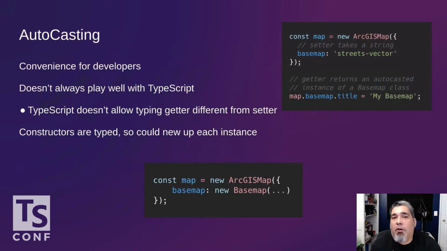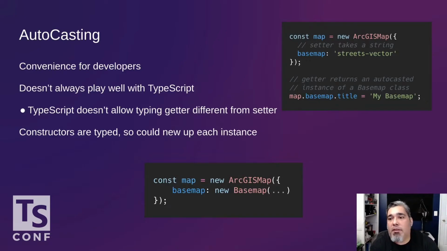So one thing I want to talk about with the typings and some things that happen with TypeScript is that we use a feature in the API called AutoCasting. Basically, it's a convenience for developers that will let you provide objects that look like what would be instantiated as a class in the API. So for example, here I create a map, and I want to have a basemap. Now you can pass it a string.